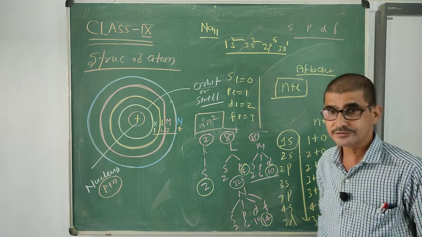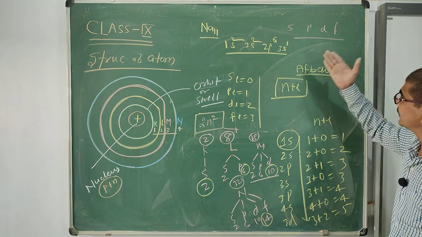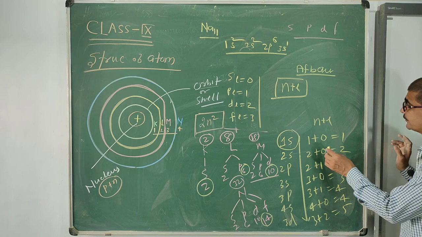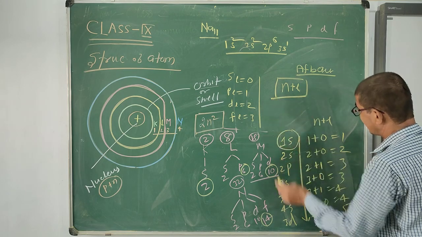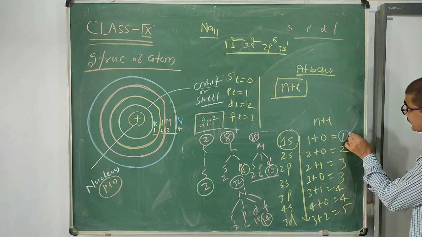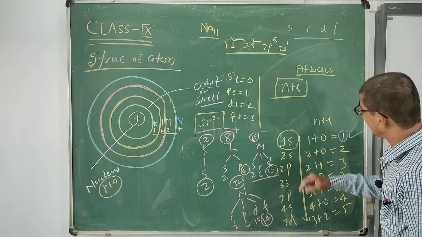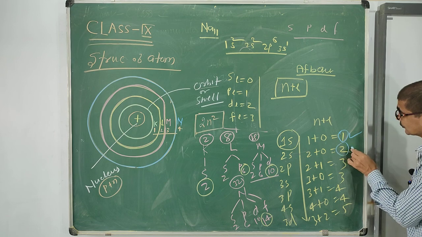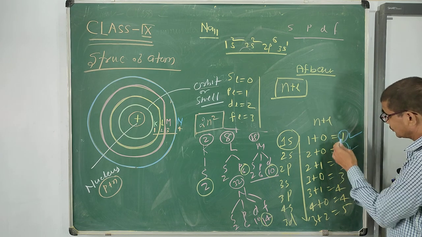So by the first rule, if the value of n plus l is minimum, the electron enters first. The minimum value of n plus l is 1, so the electron enters 1s first, and then 2s, because 1 comes before 2.